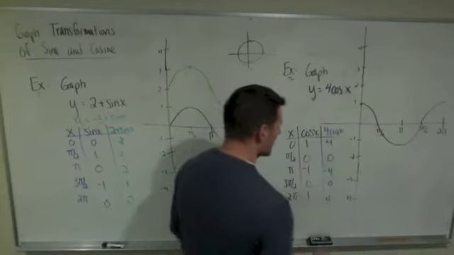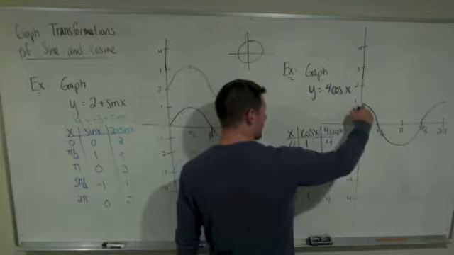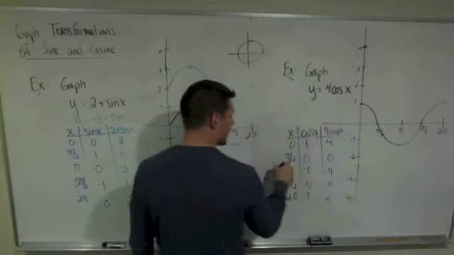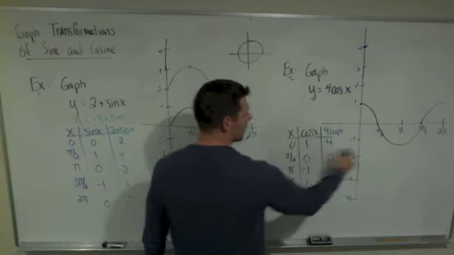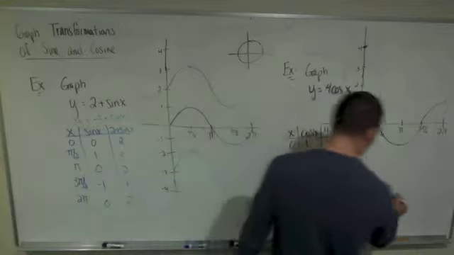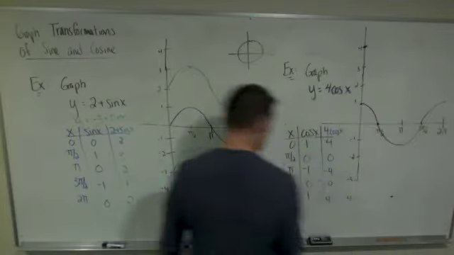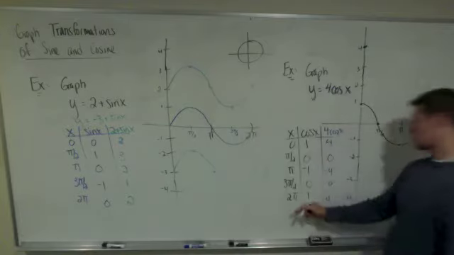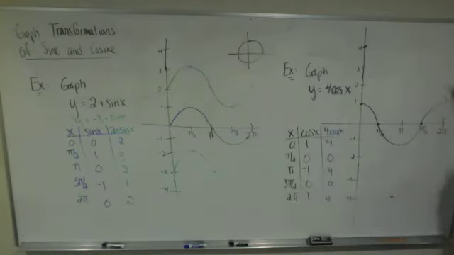Well, what's that do to it? Instead of this point, I'll have 0, 4 right there. That's the blue guy. And if I go pi over 2, I'll get 0. And if I get pi, I'll get negative 4. That's down here. And if I put 3 pi over 2, I'll get 0. And if I put 2 pi, I'll get 4.